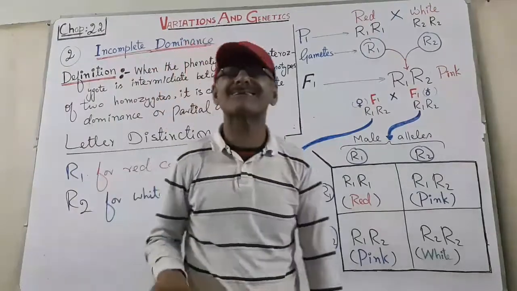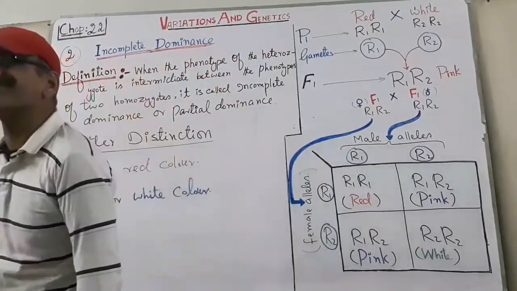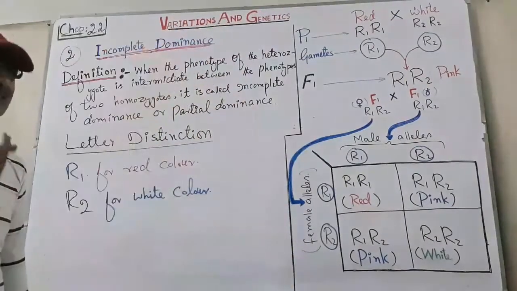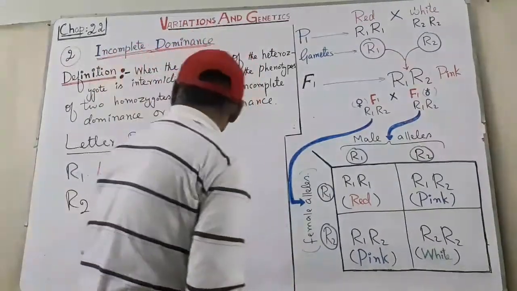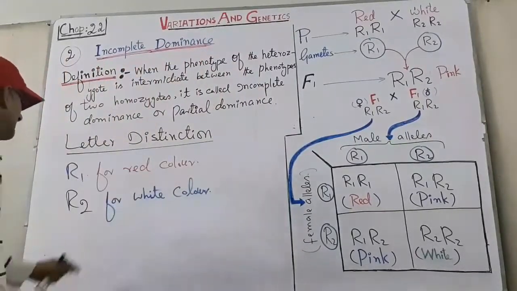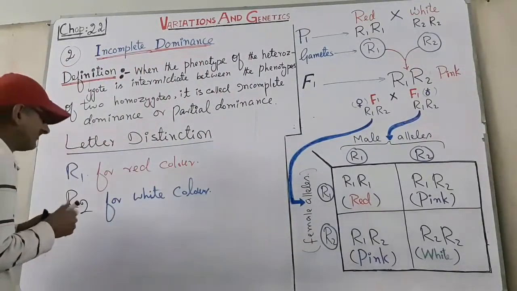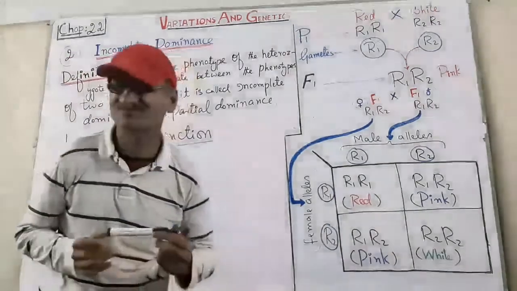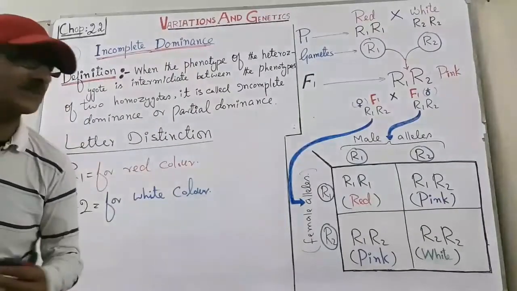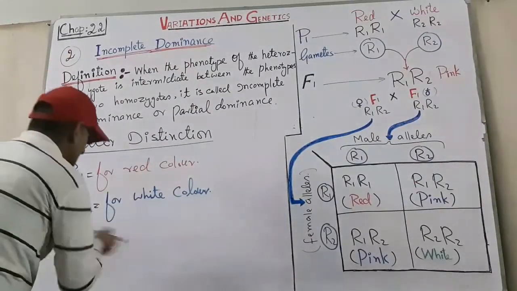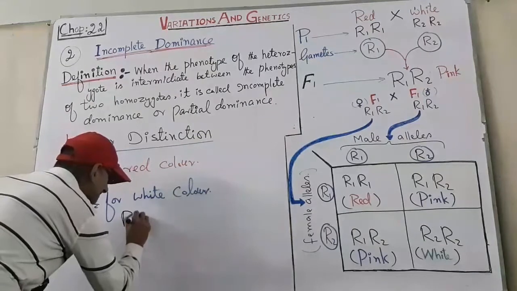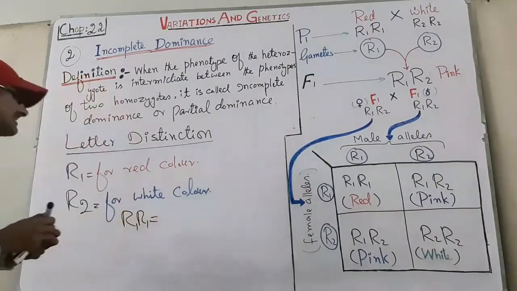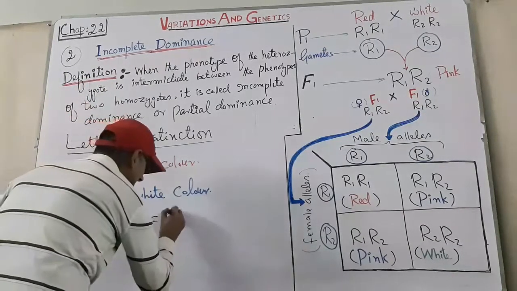Both of the letters are capital, but the numericals are different. For the red flower color, we use R1, and for the white flower color, we use R2. And similarly, capital R1 and capital R1 is the genotype for red color.